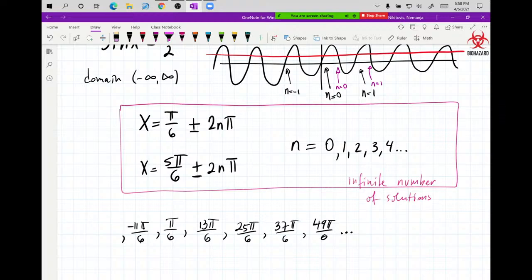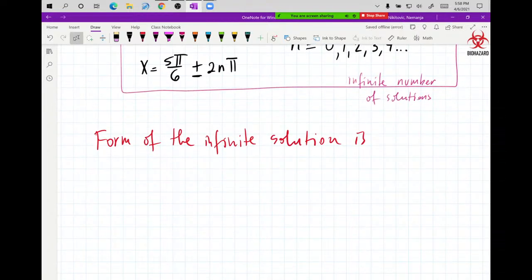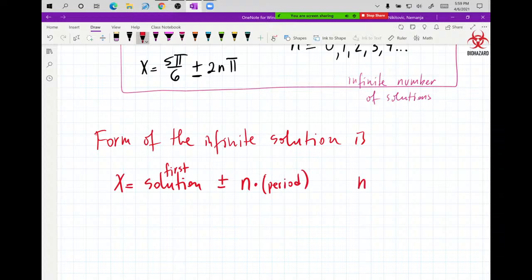So the form of the infinite solution is x equals the first solution plus minus n times the period, and then n equals 0, 1, 2, 3, and goes forever.